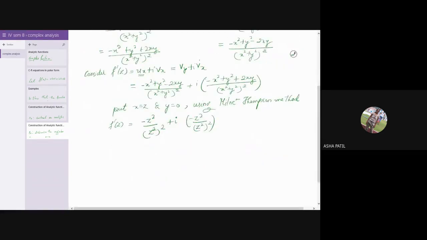What does the term become? z square divided by z raised to 4 means it is minus 1 by z square, plus i into, again, minus 1 by z square. Or we can write it as minus 1 minus i, into 1 by z square. Now this is our f dash z. Integrate it to obtain f of z.